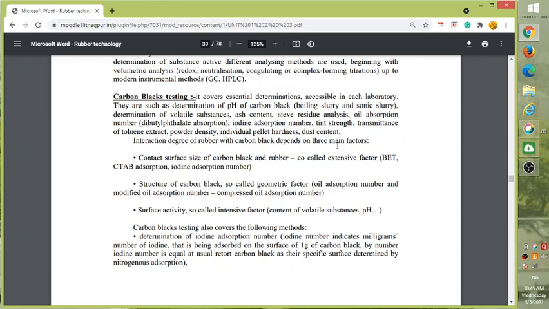So carbon black testing covers these essential determinations.